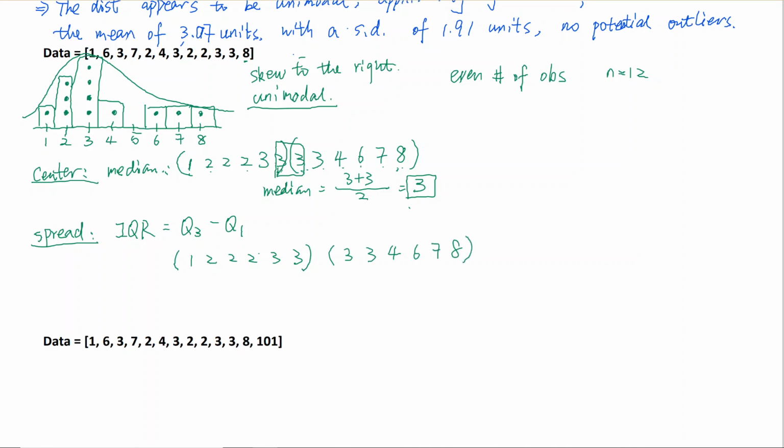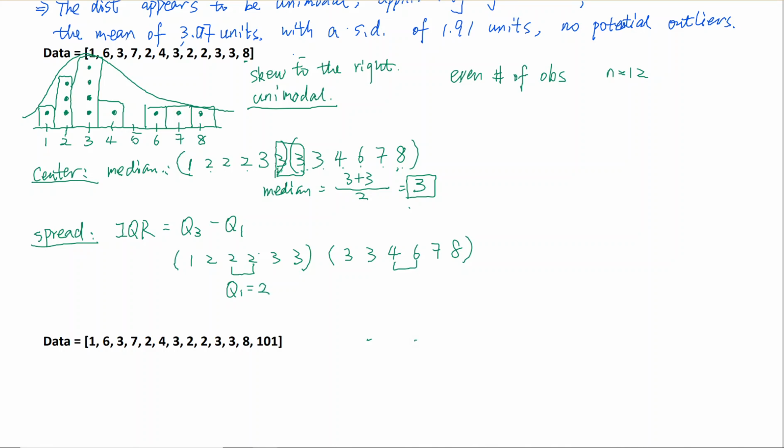Right? Okay, and then Q1 will be the median of the first half. So it will be the middle two, right? Q1 will be the average of these two numbers, so it will be just 2, right?